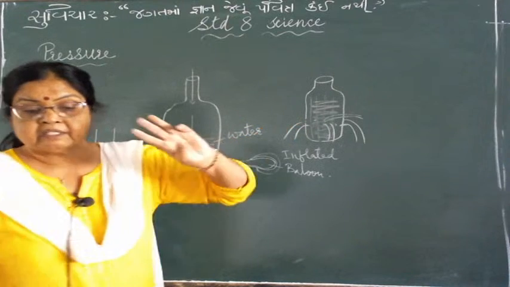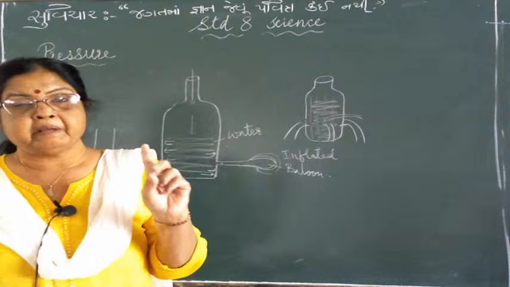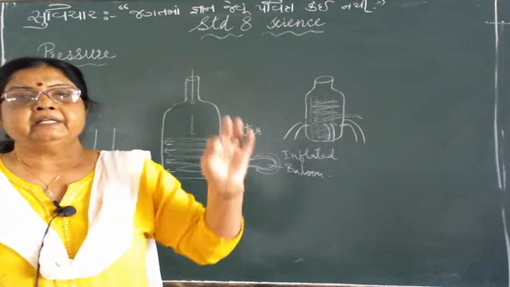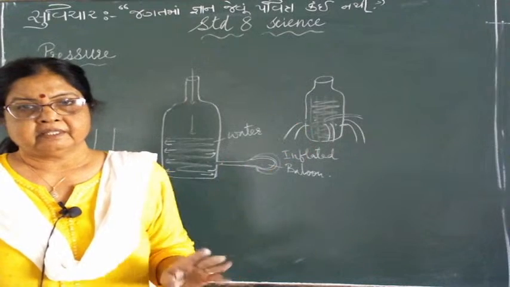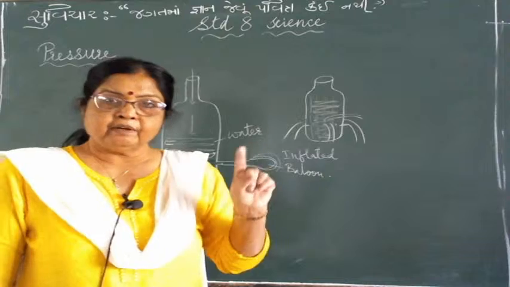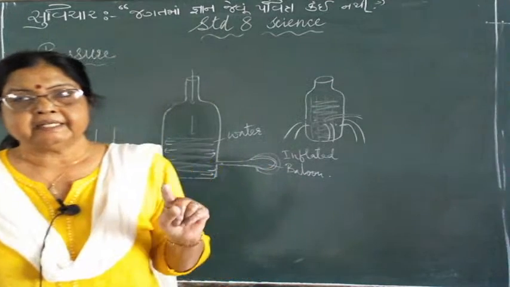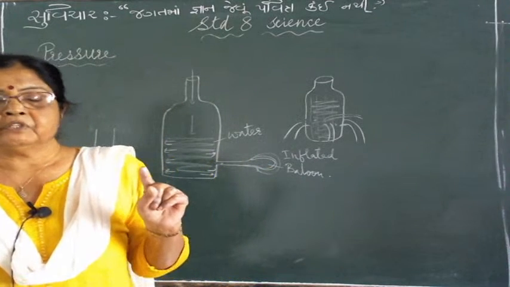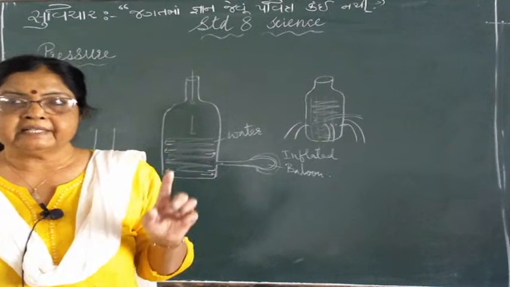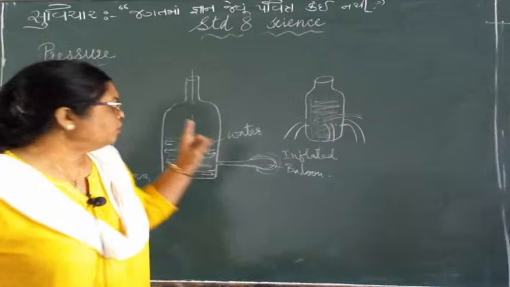Okay. Now these 3 experiments you have to remember. The first experiment showed that water, a liquid, exerts pressure. The second experiment is that the side walls of the container are also given pressure by the water. So water exerts pressure on the side walls.